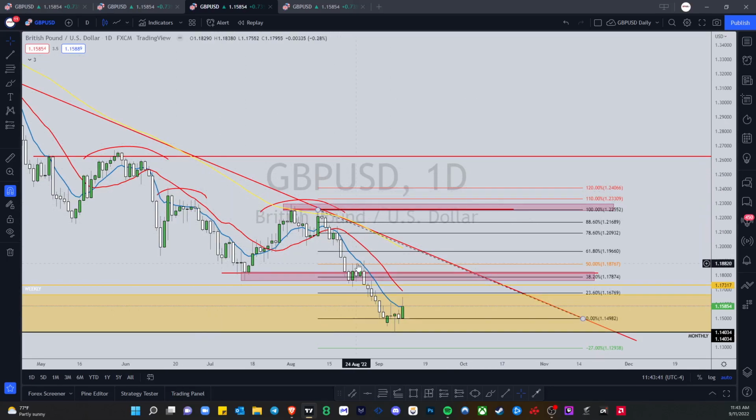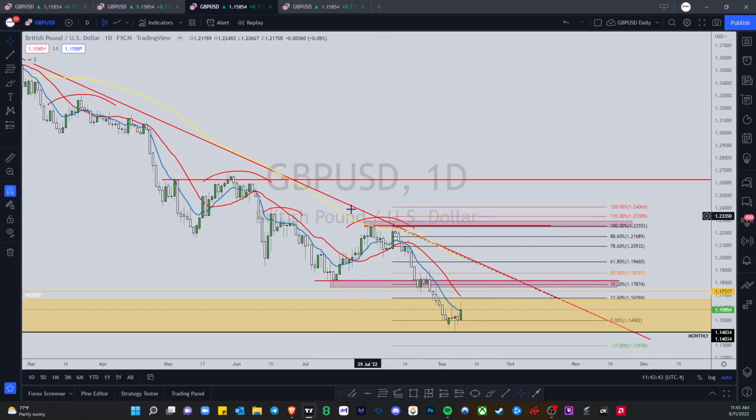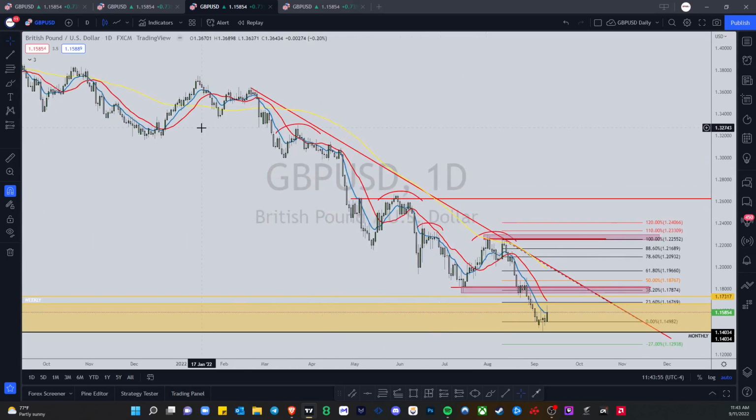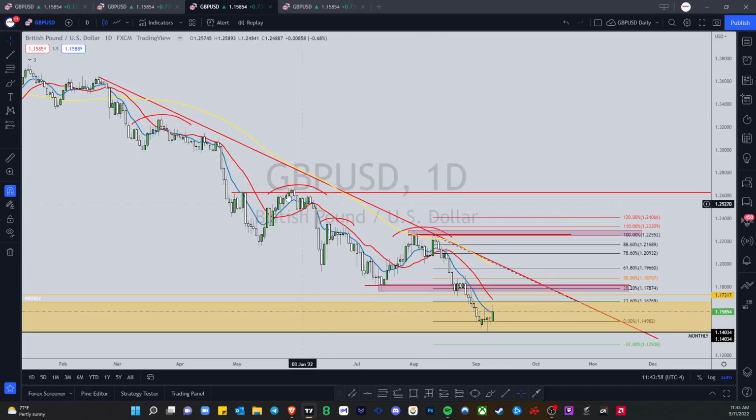I don't really like moving averages like that. To me, honestly, this chart, in my opinion, is a little bit crowded, but I don't spend too much time on the daily time frame. Really, I just take a quick look and see how it is playing out.